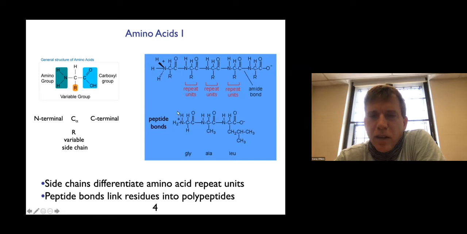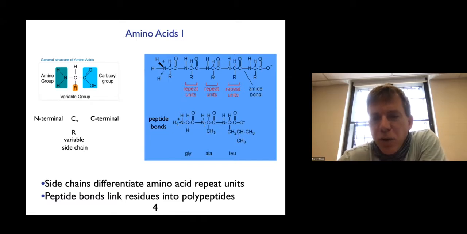On the right, I show an example of a glycine, alanine, and a leucine, where they're bound together with a peptide bond between the carboxyl carbon and the nitrogen of the amine group.